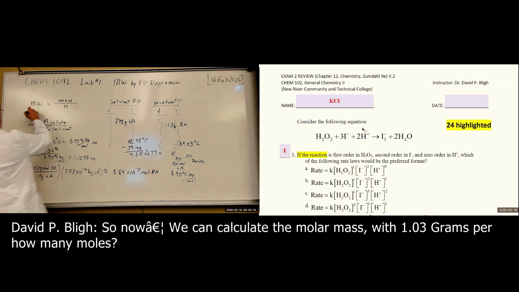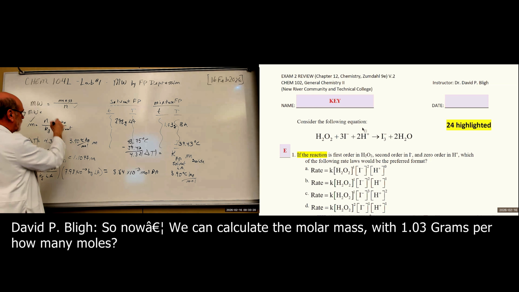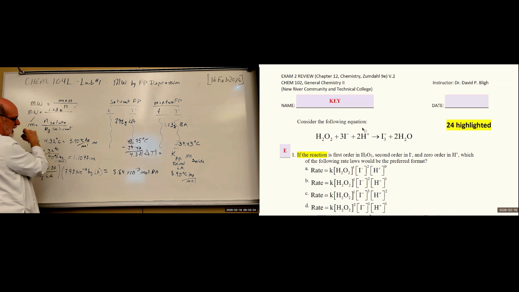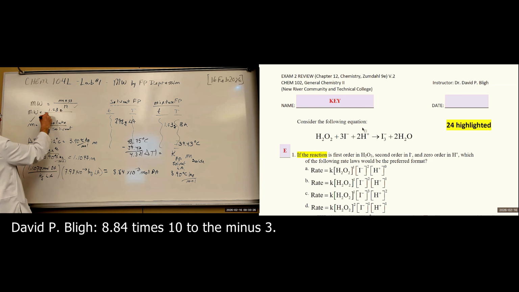So now we can calculate the molar mass with 1.03 grams per how many moles? 8.84 times 10 to the minus 3 moles.